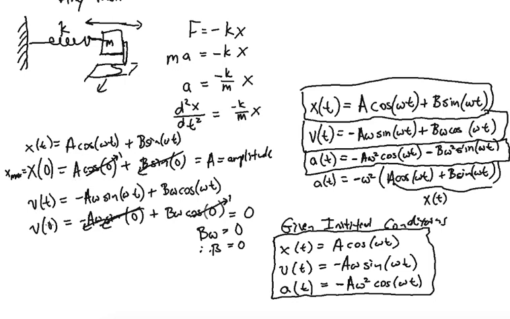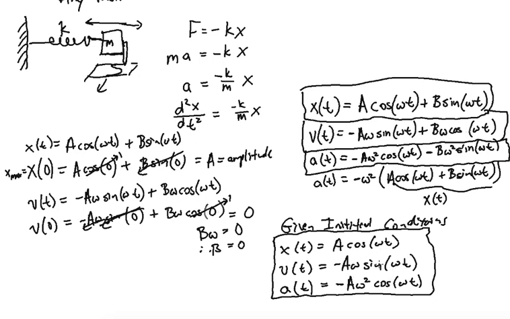Then v of 0 wouldn't have been 0, it would have been the maximum speed, in which case B would have ended up being the amplitude, and the sines and cosines here would have switched. This would be more like B, or we could switch it to A, because now B would be the amplitude. It'd be A sine omega t, and A omega cosine, and A omega squared sine.